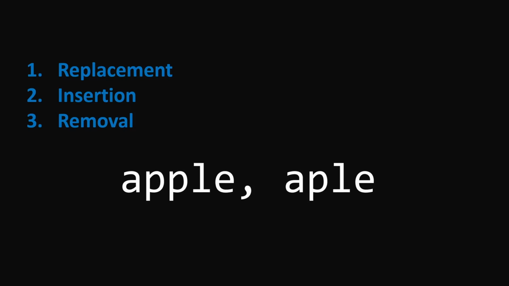Now, we could use the same example. However, we say the longer word is the first one and the shorter word is the second one. So this is for removal. We know that if we just remove one letter, it's going to equal the second one. So that's how removal works. Okay. Now, based on this knowledge, we can come up with a better solution.